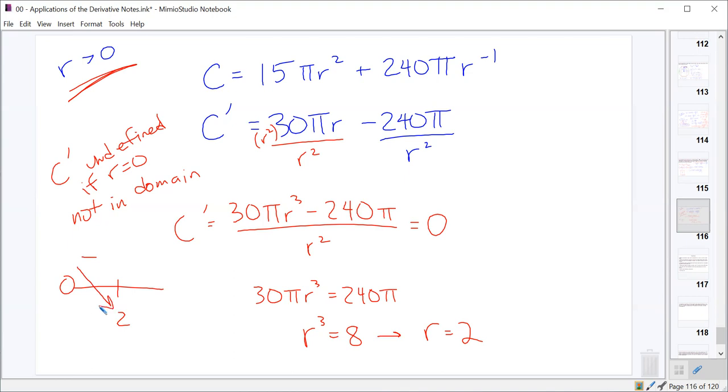And for something more than 2, like 10 or 3 or a million, whatever you might want that to be, if we plug in 5, r cubed is 125, and 125 times 30 is a lot more than 240. So when we subtract, we get a positive, telling us our function is increasing, and that our radius of 2 is giving us a minimum cost.